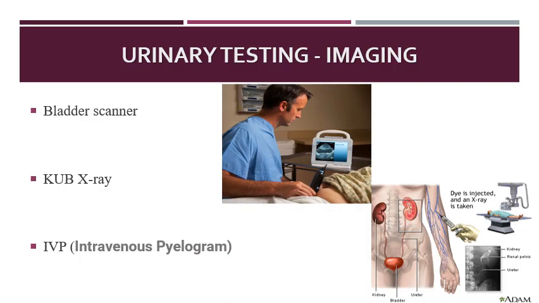And then occasionally during a KUB, we can do IVP dye. And the IVP dye is going to be able to show us if there's any narrowing. When it comes to IVP dye, though, we do need to know if the patient has a history of any type of shellfish allergy, because we would possibly give Benadryl or not give it at all if the allergy is too severe.